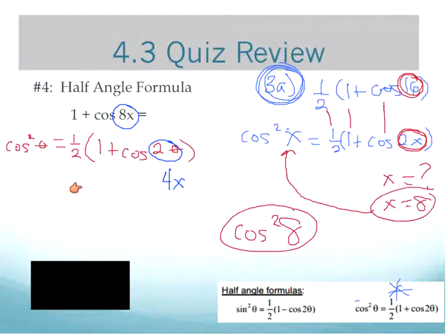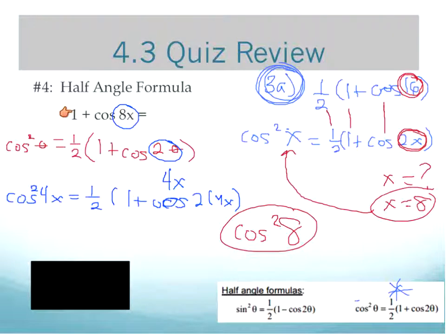So when I'm looking at what theta is, to plug it in on this side, I know that I have to plug in a 4x in this case. So cosine squared 4x equals 1/2, 1 plus cosine 2 times 4x. Here's the deal though.